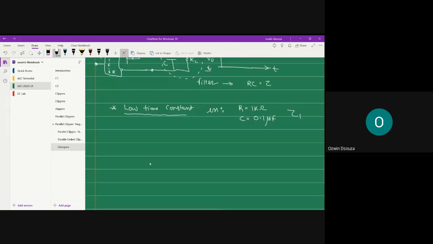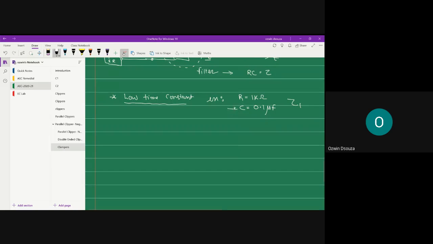Now, if you were to choose a very low capacitor value, which is going to give you a very low time constant tau 1, then your rectifier output could be something like this. I will write V0, and for your understanding, filtered output. If your time constant is very small, then your waveform could be something like this.